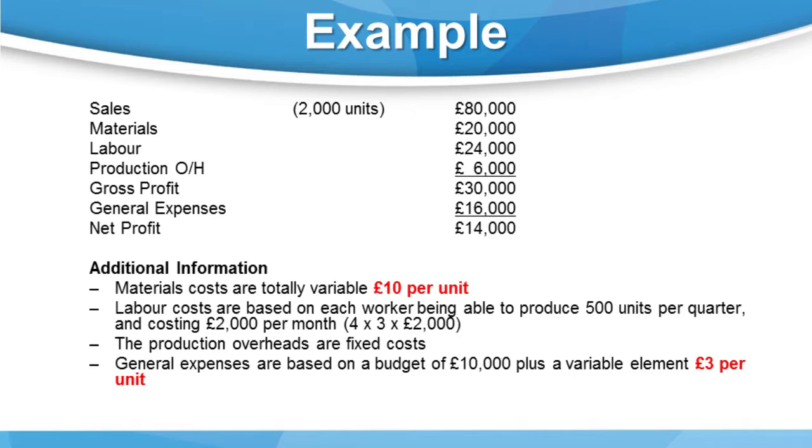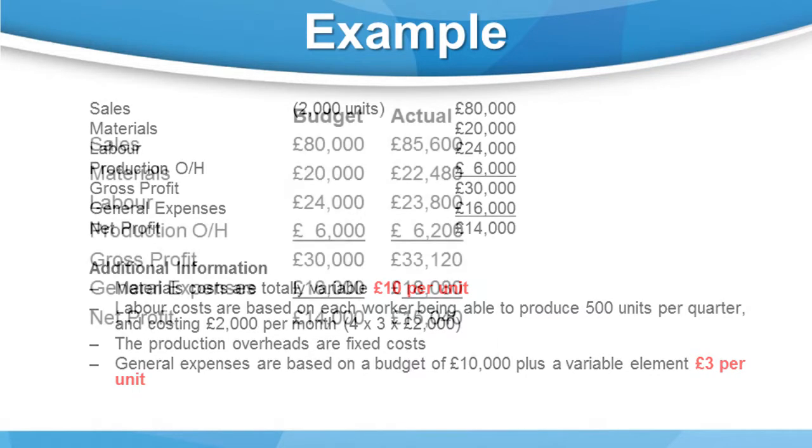Production overheads are a fixed cost, but the general expenses are semi-variable. At 2,000 units, the budgeted cost of £16,000 is made up of a fixed element of £10,000 plus a variable element which must be £6,000 for 2,000 units. This is therefore £3 per unit.